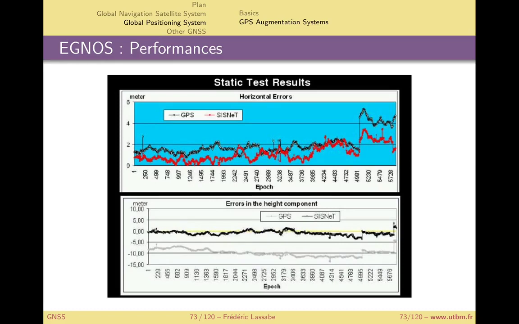So here are some results with the SISNeT signals and how quickly it can get a GPS fix, and SISNeT also provides some of the DGPS fixes, so it also improves the overall error.